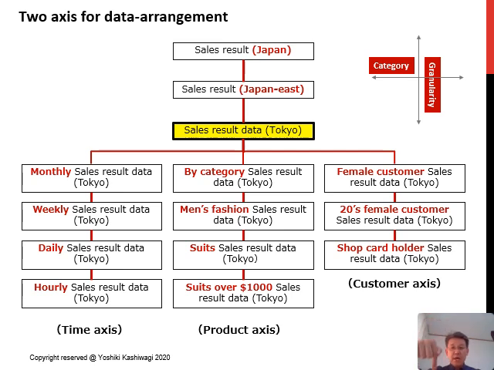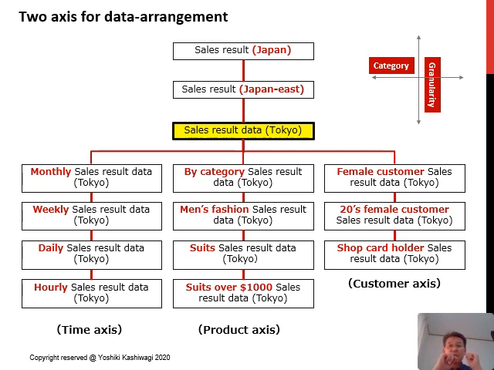If you go downward, then you can break down the sales result data of Tokyo by time axis, product axis, or customer axis. That's the category: time or product or customer. These are three examples of the categories. So by category, you can break down this Tokyo sales result data into more details.